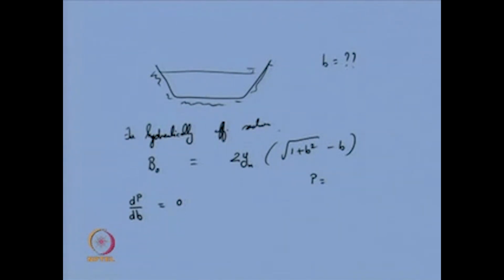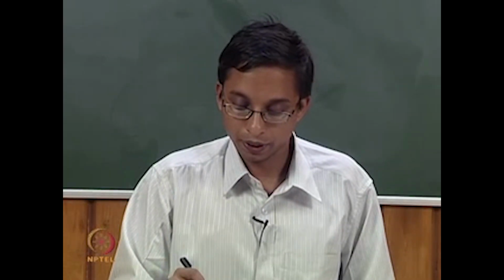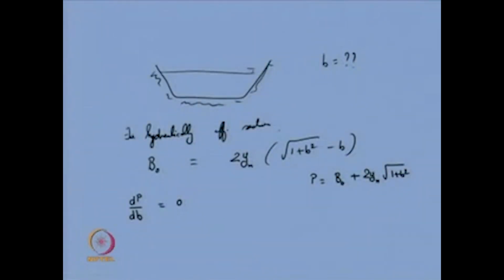P is equal to B0 plus 2 yn root of 1 plus m squared. So, you differentiate that. The criterion is dP by dm equal to 0. Now, you have P equal to B0 plus 2 yn root of 1 plus m squared, and B0 is equal to 2 yn root of 1 plus m squared minus m.